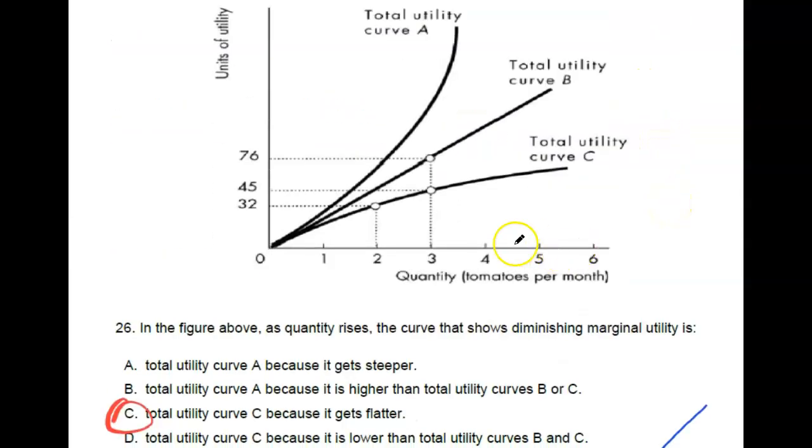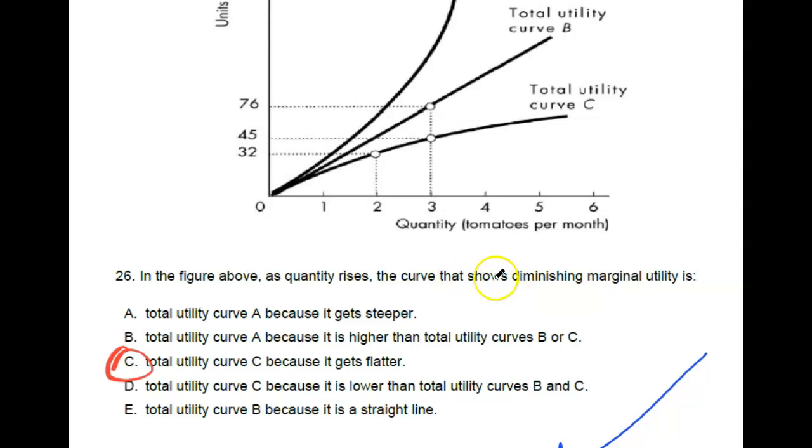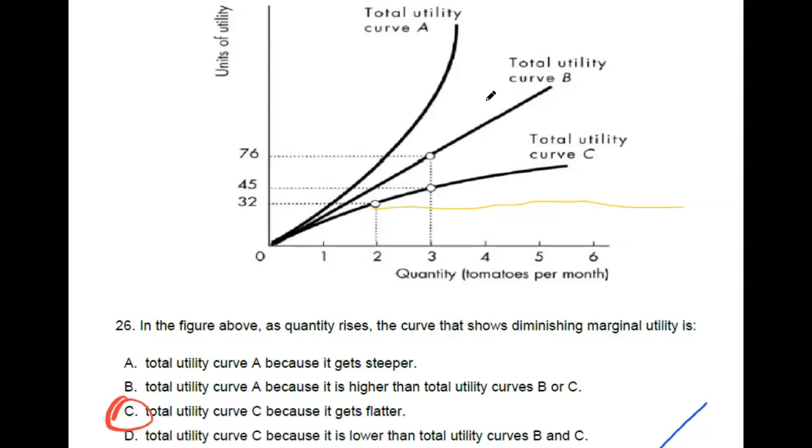All you need to know is this: there's like a limit, you know in maths you do limits. Total utility will always have a limit, so you cannot go beyond a certain amount. Let's say the maximum utility over here is 32. That's like an asymptote. So look for the graph where it's approaching a number but never touches it. So the answer will be C.